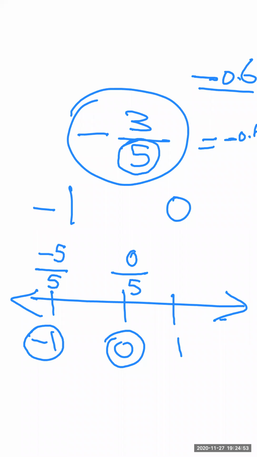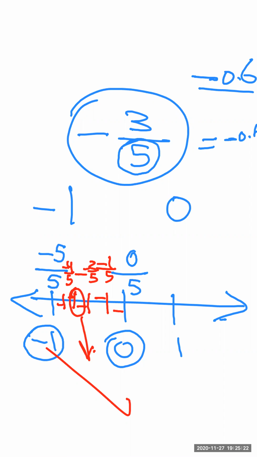Then divide the distance into 5 equal parts: 1, 2, 3, 4, 5. Are we clear? Of course, the next step: the first one is -1 over 5, -2 over 5, and so on till -4 over 5. That's it. Then your point, -3 over 5, is this one.